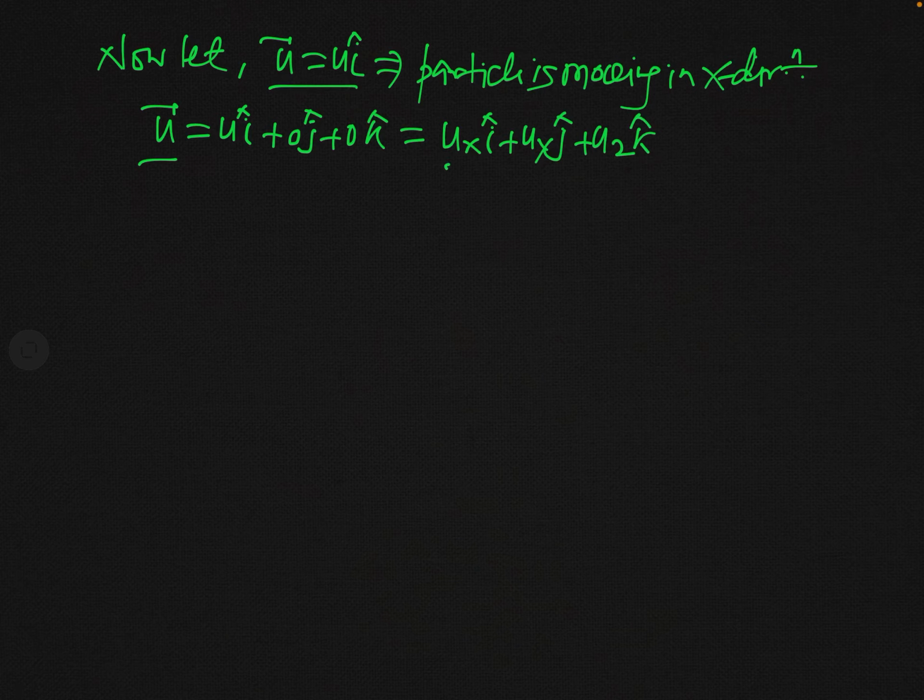So you can equate ux to u, uy to 0, and uz to 0. So in this condition, when the particle is moving in the positive x direction, only the x component of the velocity of the particle will be non-zero, and that is simply equal to the velocity of the particle, and its y component is 0, its z component is also 0.